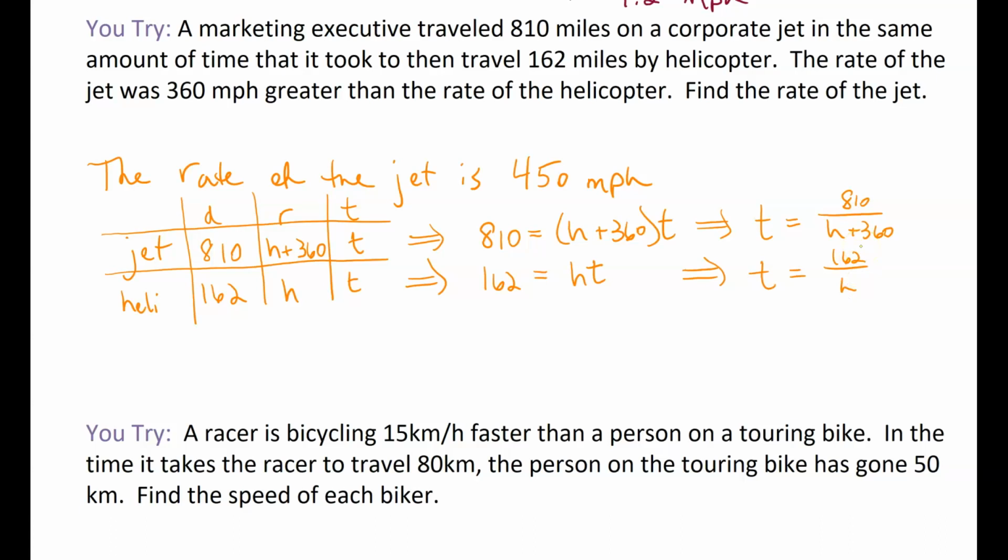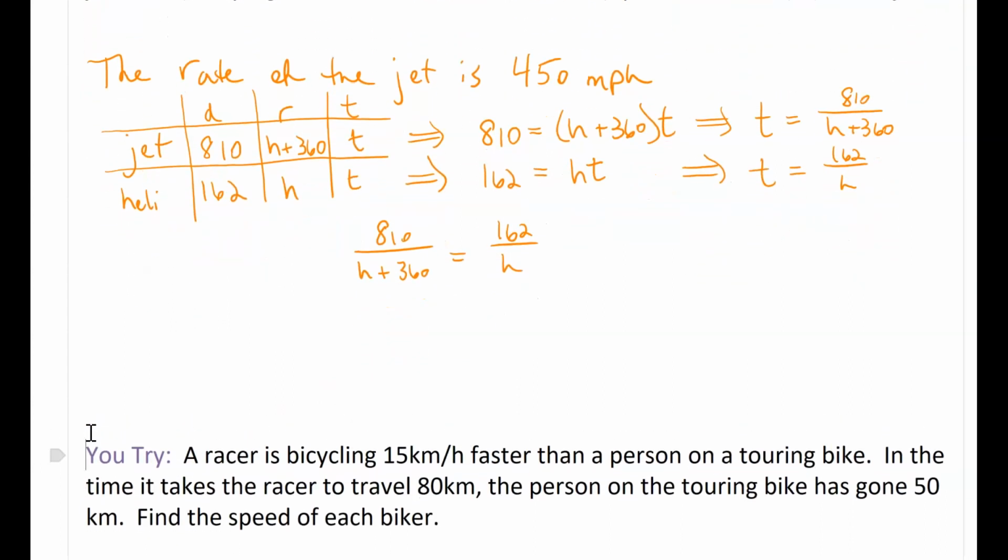So now that they're both equal, you can just set them equal to each other. 810 over h plus 360 equal to 162 over h. And then how would we go about solving this one? Yeah, just cross multiply. And again, I know these numbers were a little bit bigger, so a calculator is okay on this one.